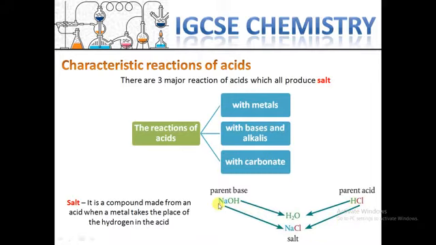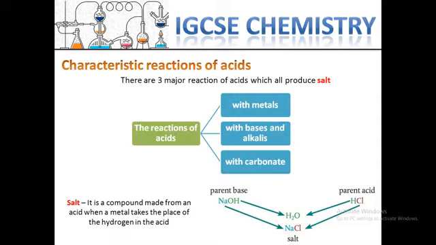So if Na replaces the hydrogen, finally we have NaCl. NaCl is a salt. This is the one we use, but if another metal like calcium or magnesium replaces the hydrogen, that one will not be the same salt we are using for our cooking.